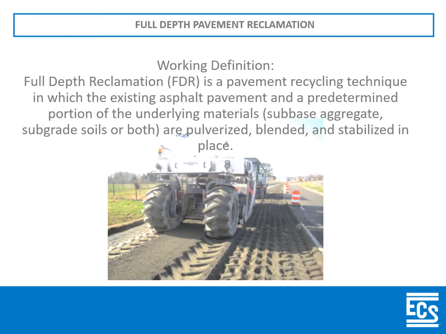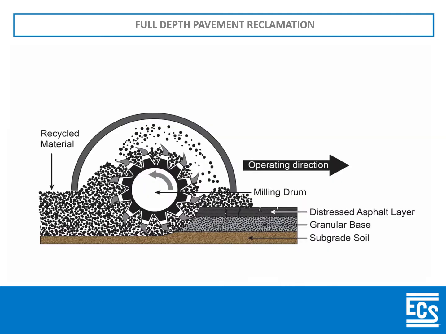Basically, full depth reclamation is a pavement recycling technique in which the existing asphalt pavement and a predetermined portion of the underlying materials are pulverized, blended, and stabilized in place. Typically, this is going to include the pavement material, the subbase aggregate, and the subgrade soils, or some iteration of all three of those.